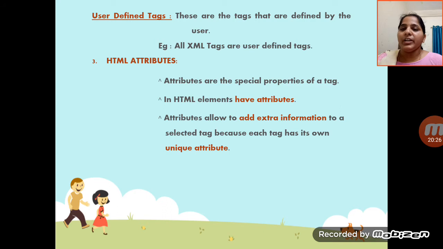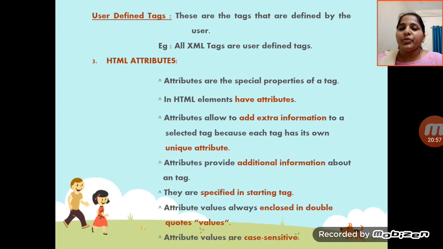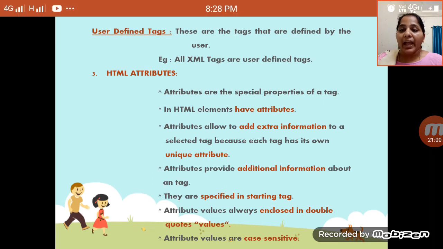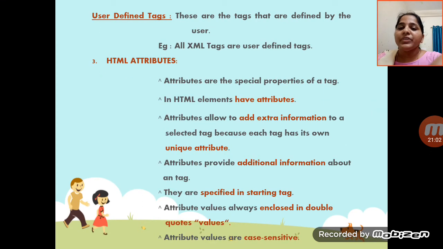In HTML, an element has attributes, which allow us to add extra information to a selected tag, because each tag has its own unique attributes. An attribute provides additional information about a tag only. They are specified in the starting tag only.